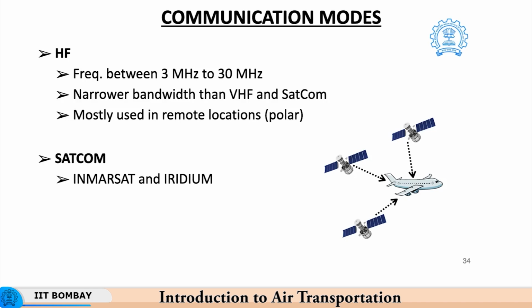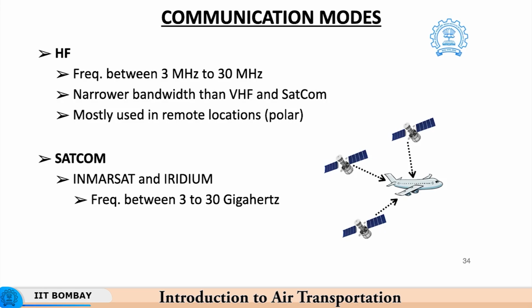The latter covers the complete globe, whereas Inmarsat cannot be used in the polar regions. So, SATCOM makes use of these two sets of satellite constellations to carry out data and voice transmission between the aircraft and the ATC.